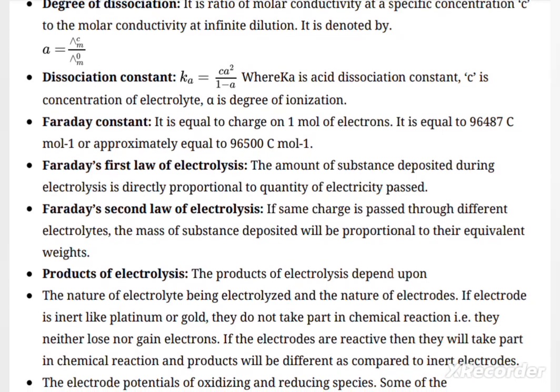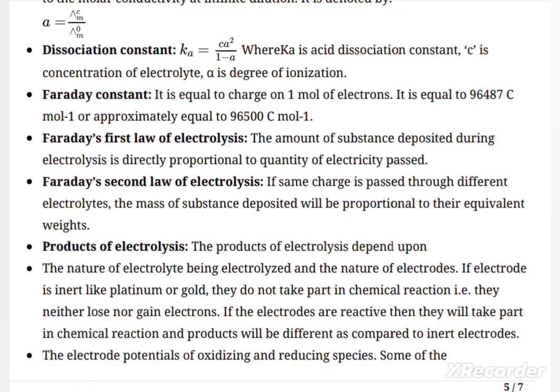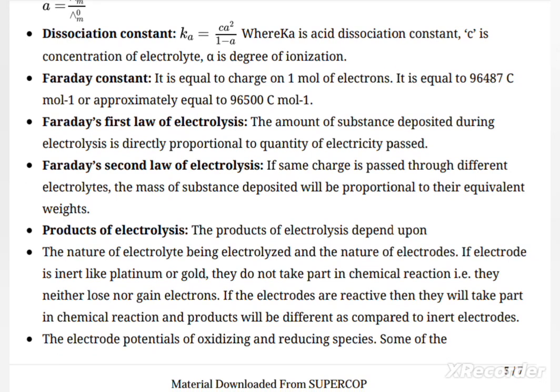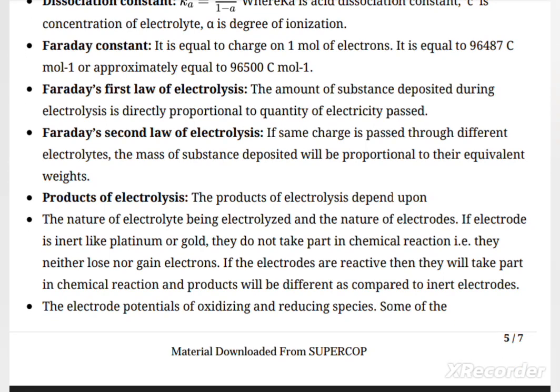Dissociation constant: Ka equals Cα² by 1 minus α, where Ka is the acid dissociation constant, C is the concentration of the electrolyte, and α is the degree of ionization.